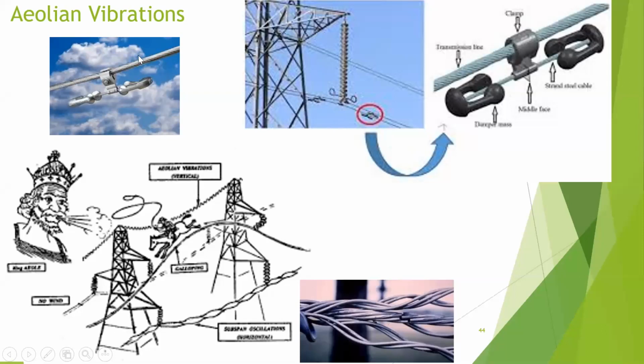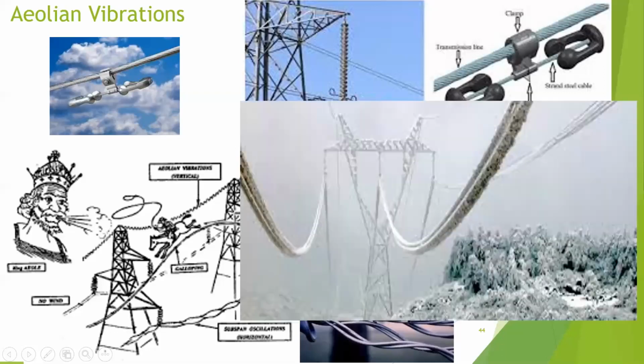So a closer look of the damper here, and you see a horse over here, right? That is called conductor galloping, right? Conductor galloping normally happens when Sashika goes out one day in Galle or Hambantota. It starts snowing, and snow gets deposited on the conductors, right?